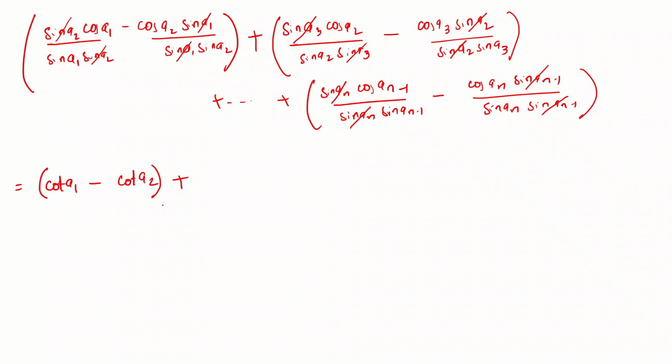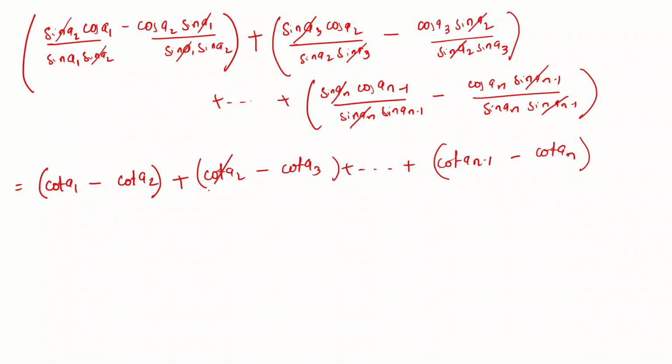Then cos a2 by sin a2 is cot a2, minus cos a3 by sin a3 is cot a3, and all the way up to, in a similar way, cot a(n-1) minus cot an. Now you see, observe the pattern of cancelling out.